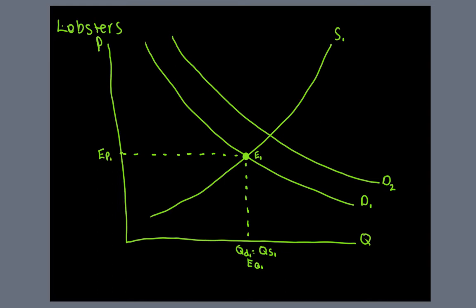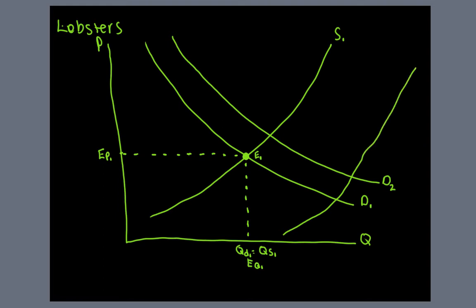So now let's go back to the summertime. In the summertime, we saw a shift of our demand curve to the right, D sub 2, which reflects the fact that people want to eat more lobster. At the same time, the problem tells us that we are harvesting many more lobsters. So let's imagine a big increase in the supply of lobsters, so that this is our new supply curve.